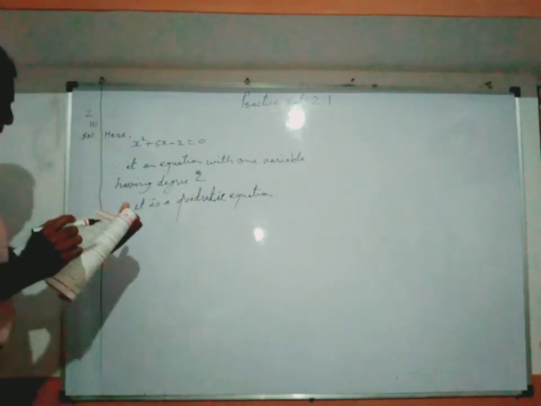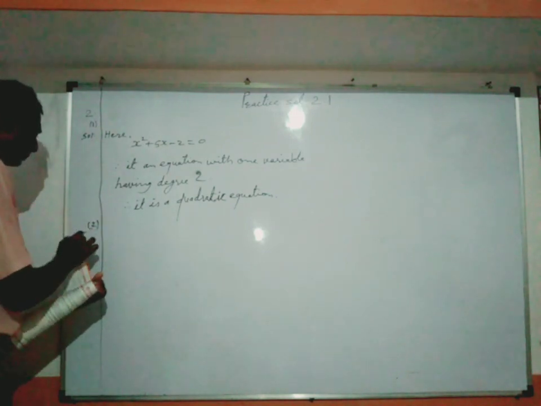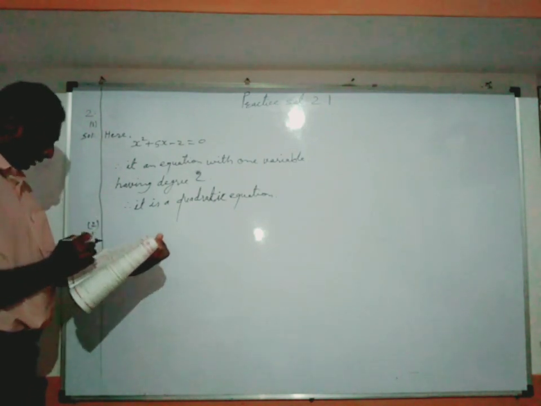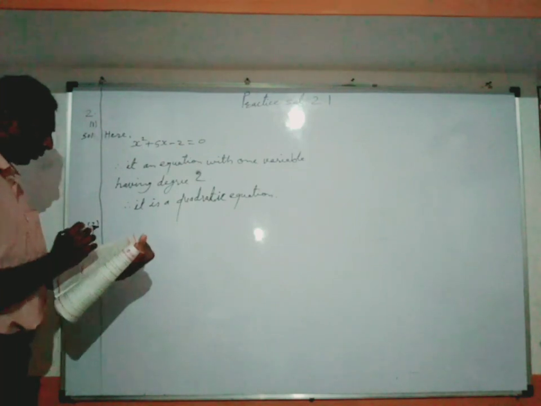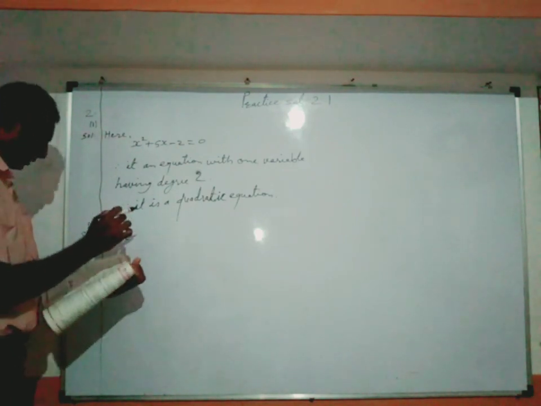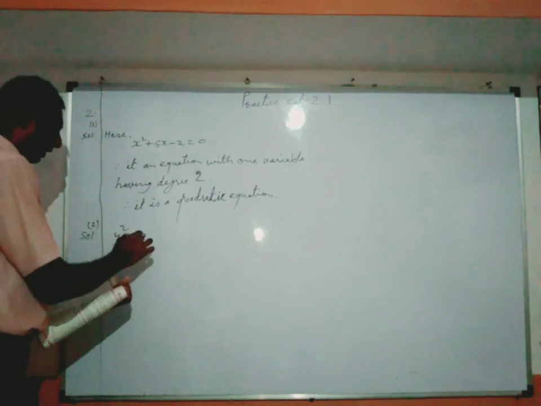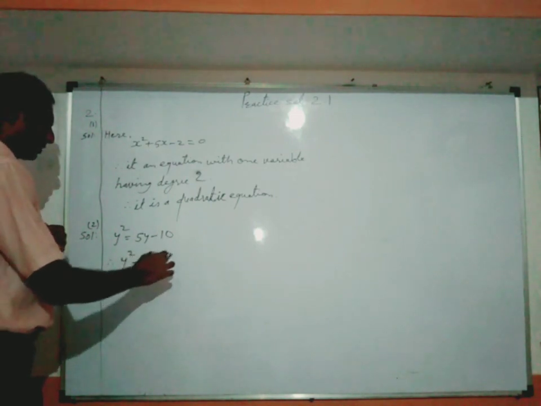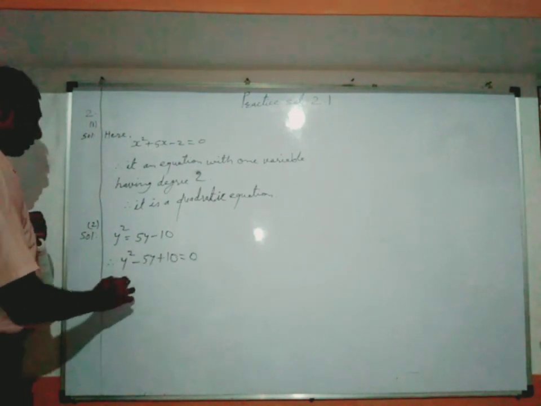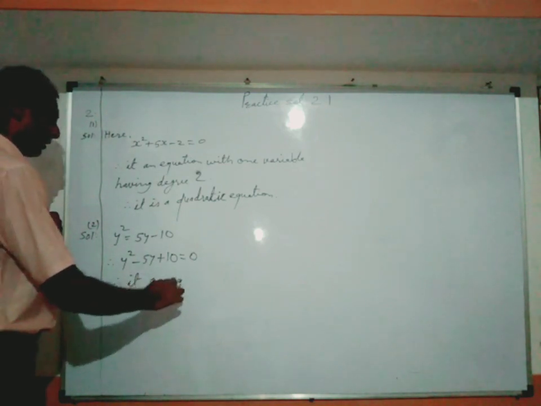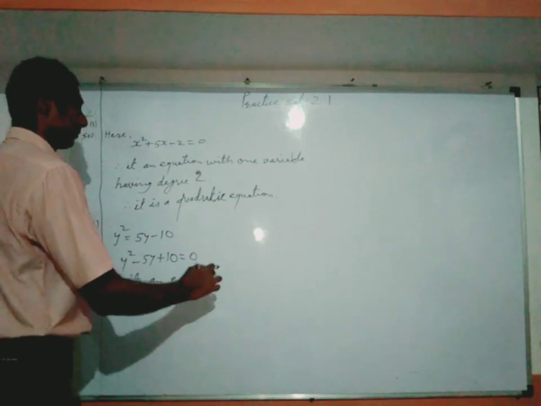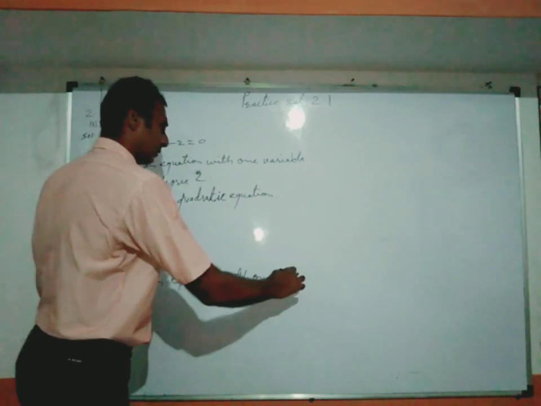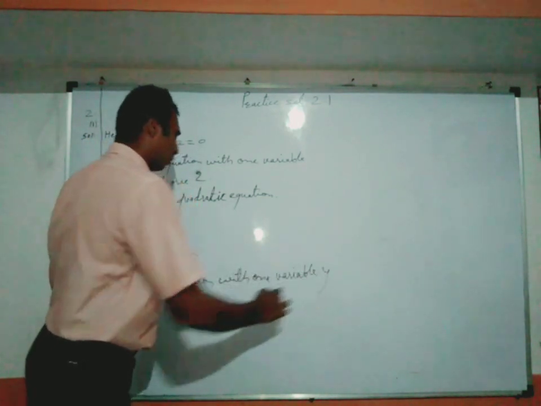Similarly, let's see number 2. Solution. Okay. Second equation you give y square equals 5y minus 10. Therefore, it will be y square minus 5y plus 10 equal to 0. And therefore, it is an equation with one variable, which is that variable y.